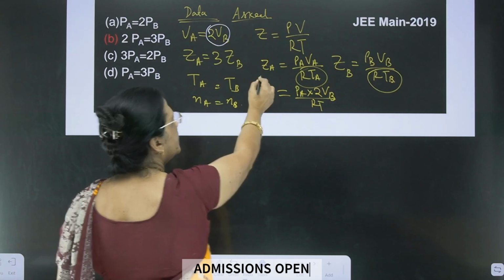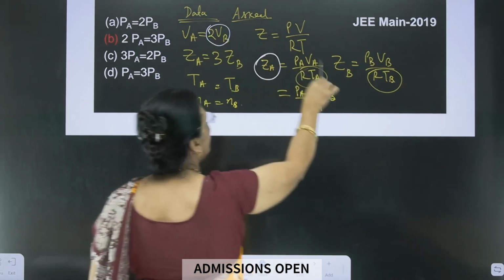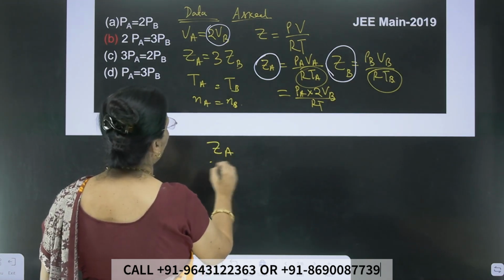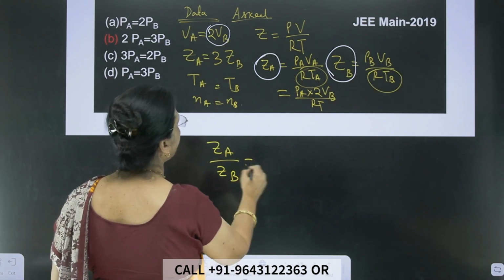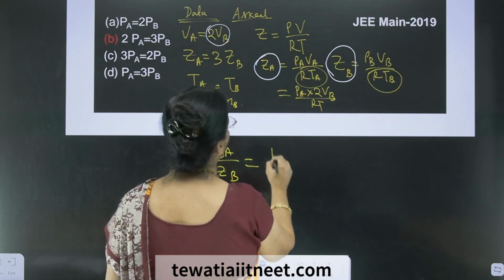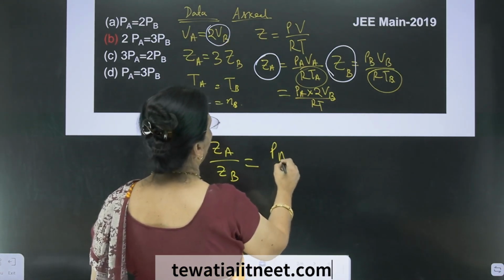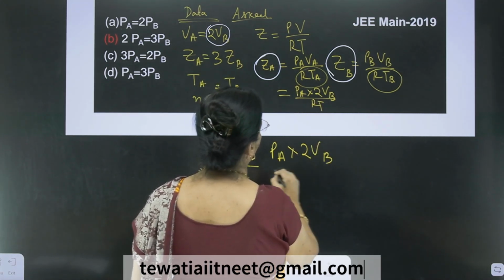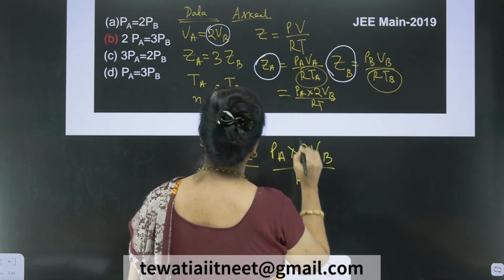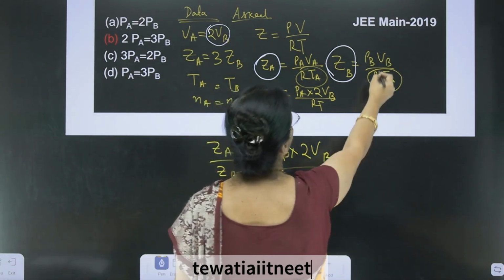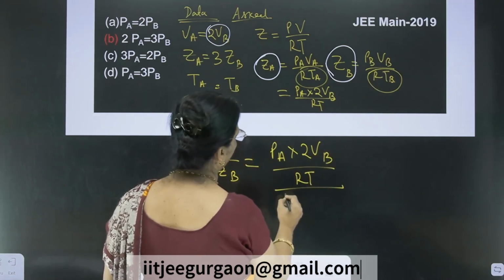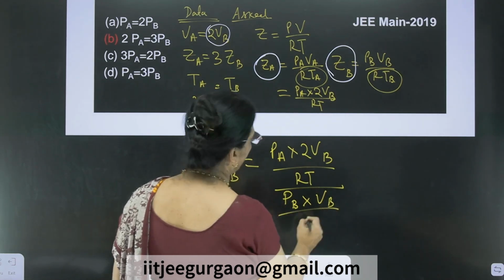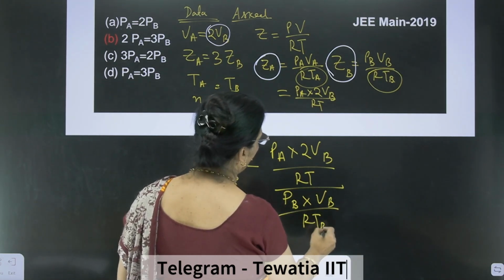Now, we have got ZA and ZB. ZA/ZB will be equal to PA × 2VB/RT divided by PB × VB/RT.